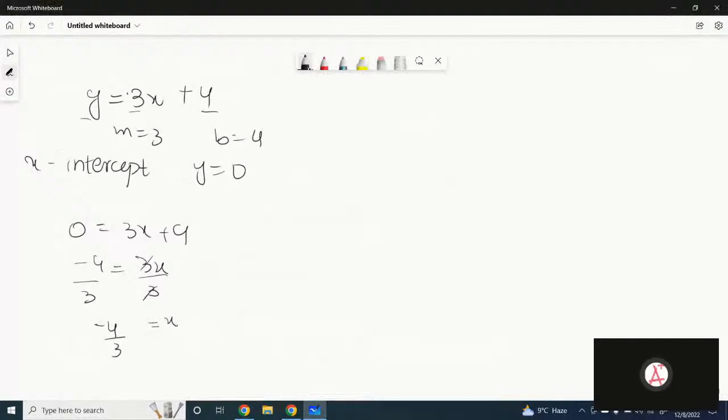Or either you can find the value in decimal points. Got it? You can find values, for example x equals 1, so replace x with 1. It would be 3 times 1 plus 4. 3 times 1 is 3 and 3 plus 4 is 7. So when x equals 1, y is 7.